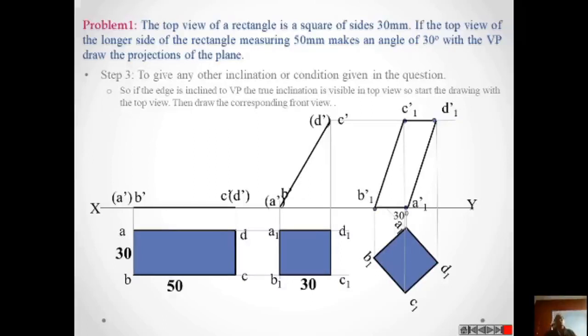So that's it. It is as simple as what we have done previously. Only thing is, he has mentioned the size of the top view instead of giving this inclination here. So this is another way of asking a question. We will see one more question and call it a day for today.